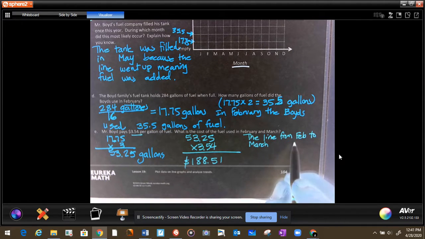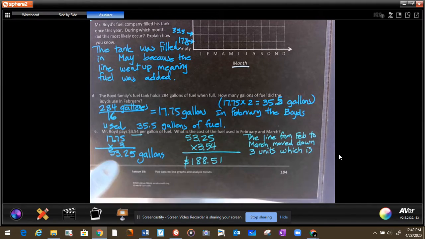The line from February to March moved down 3 units, which is how many gallons? We already did that, right? Which is 53.25 gallons.